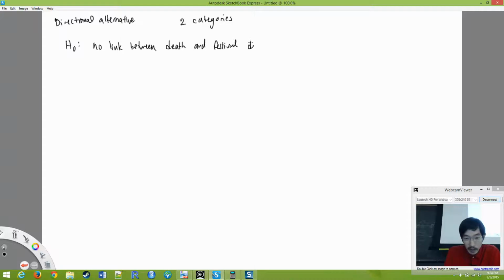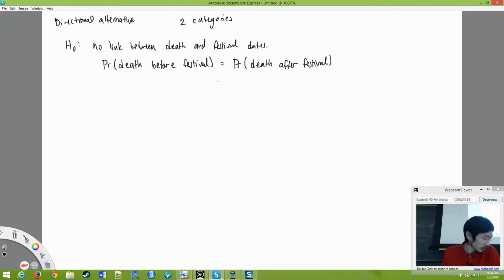This is essentially saying that the probability of death before the festival would be the same as the probability of death after the festival.